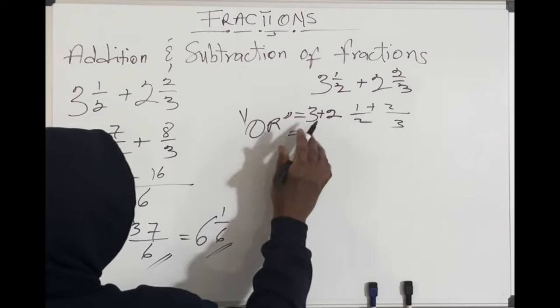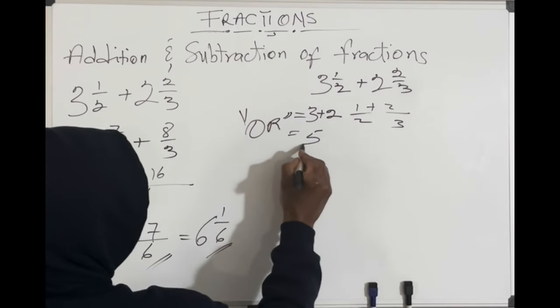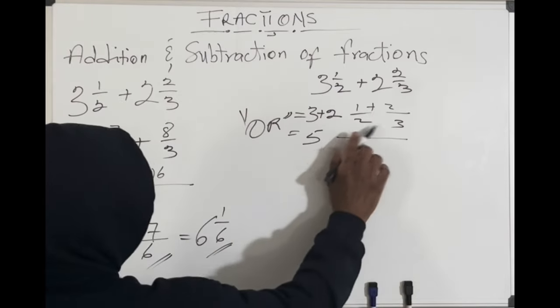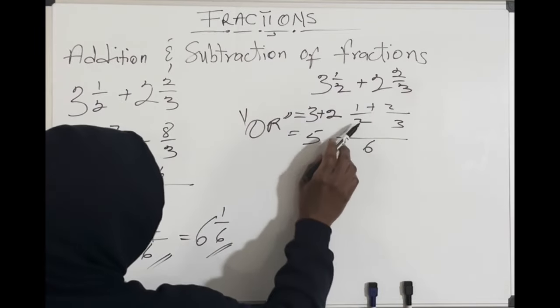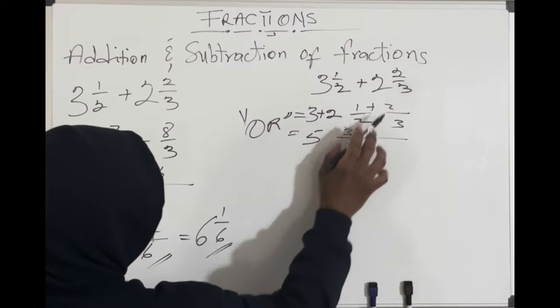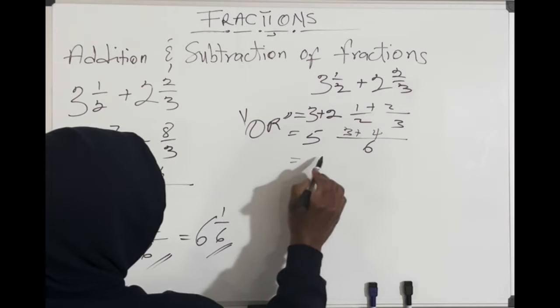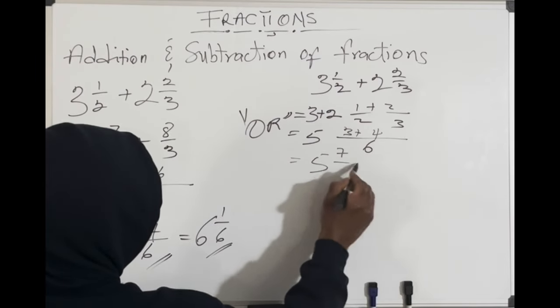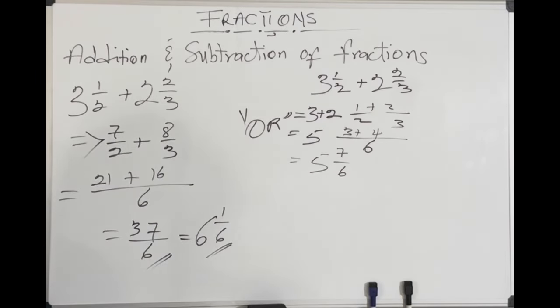So 3 plus 2 is what? 5. And then we have to look for the common denominator, which is 6. 2 goes here, 3, plus 3 goes here, 2 times 2 is 4. So 3 plus 4 is what? 7 over 6. Okay, all right.